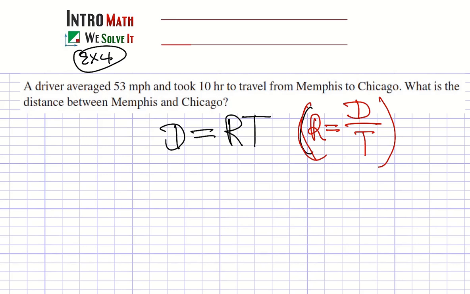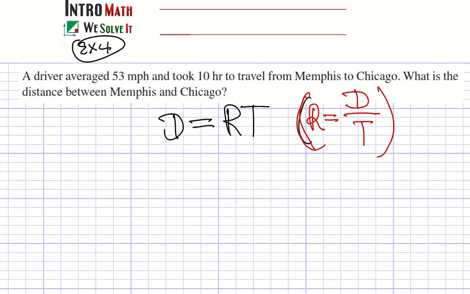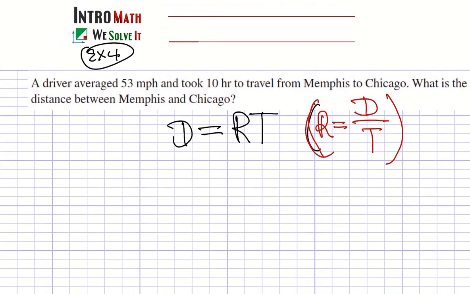So here we are given everything. Well, the rate is in miles per hour, and the time is in hours. So we'll leave the unit like that. So we'll substitute the rate is equal to 53, and the time is equal to 10, okay?